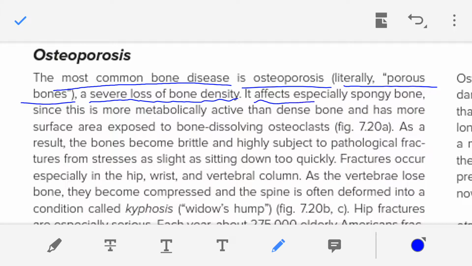Osteoporosis affects especially the spongy bone, because spongy bones are metabolically active, so they are more susceptible to osteoporosis.